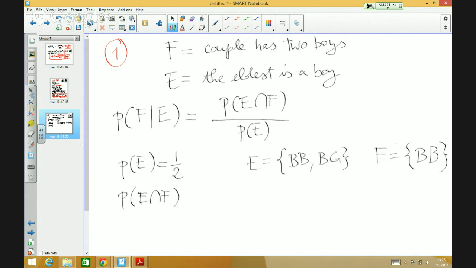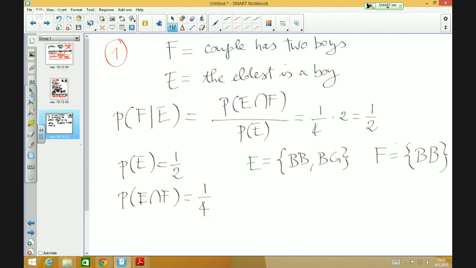Okay, so what is the probability of E intersection F? It's just the probability that you get boy-boy. And what is the probability you get boy-boy? It's 1 over 4. So now we have everything. This is 1 over 4 divided by a half, so that's times 2, so it's a half. Which makes a lot of sense. Why?